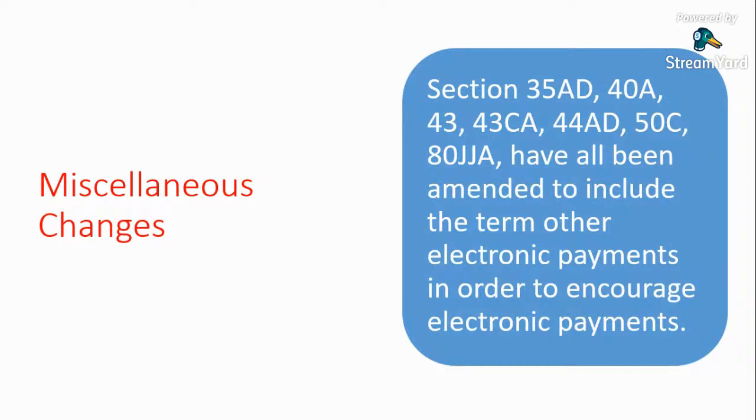Marginally, Archana, what I will do is we'll do one question on marginal relief. So I'll just explain the marginal relief concept again. Basically, the concept of marginal relief arises because up to 50 lakhs, there is no surcharge.